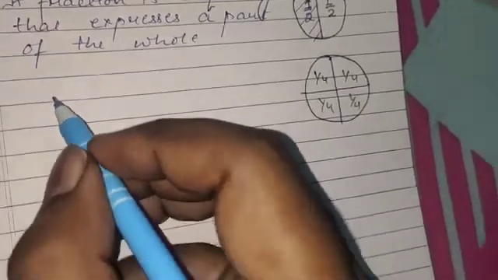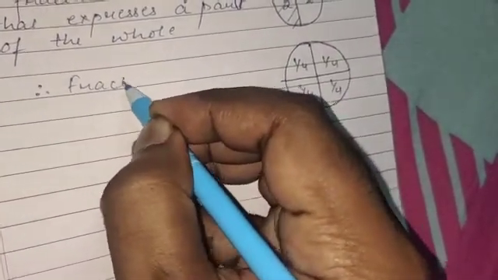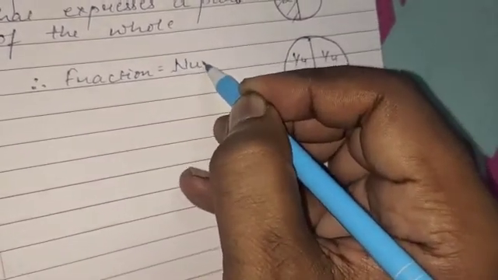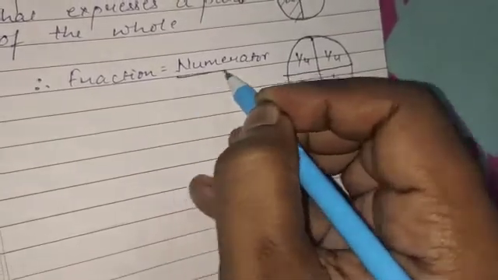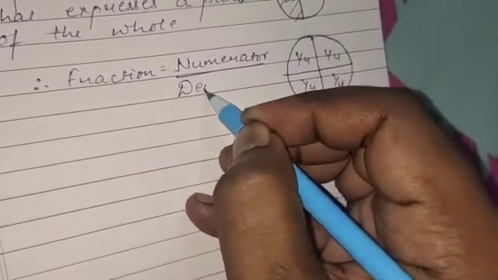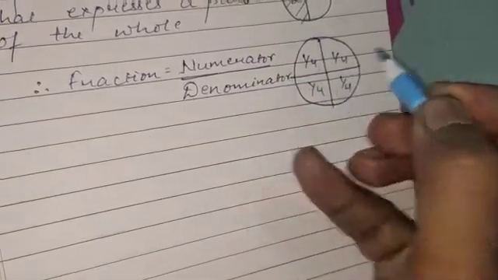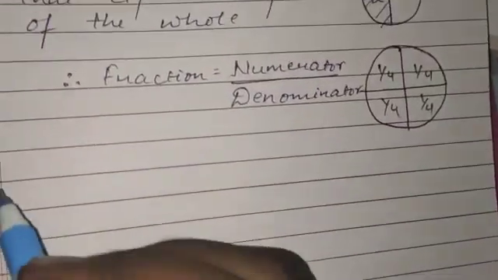So a fraction consists of a numerator and a denominator. Clear? Let's see how many types of fractions there are.